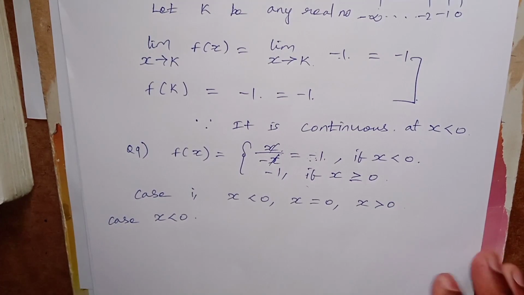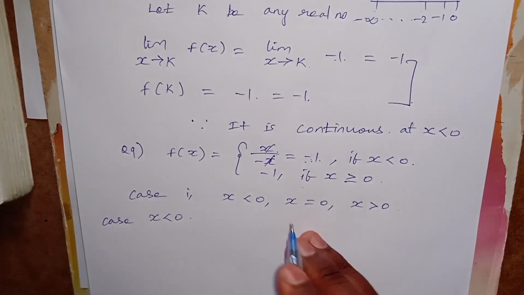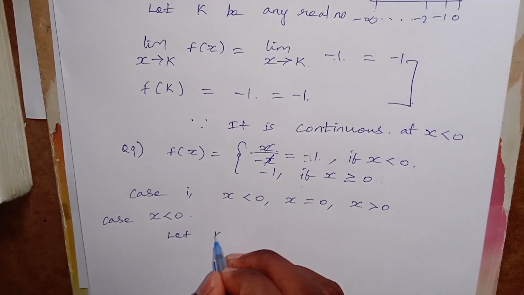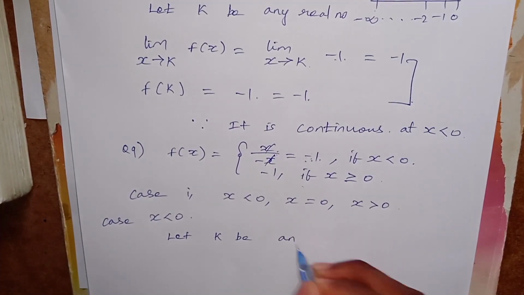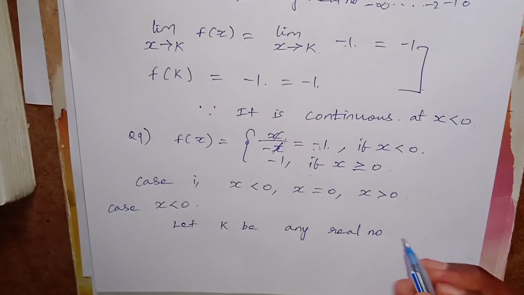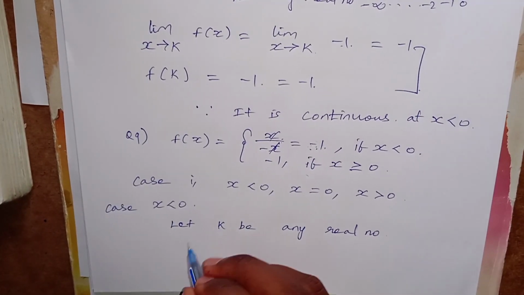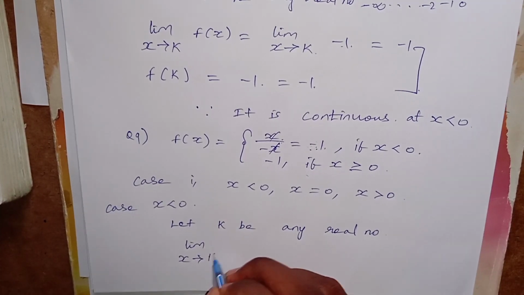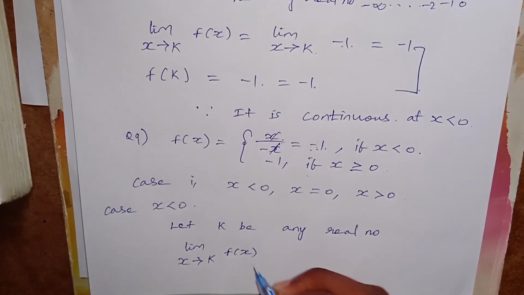For x less than 0 you can take any values from minus 1 to minus infinity, so let k be any real number. Here limit x tends to k of f of x.